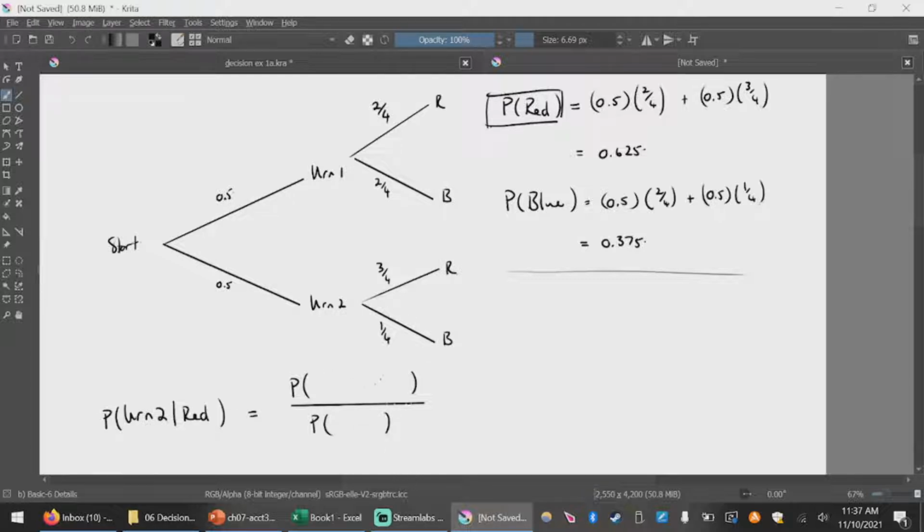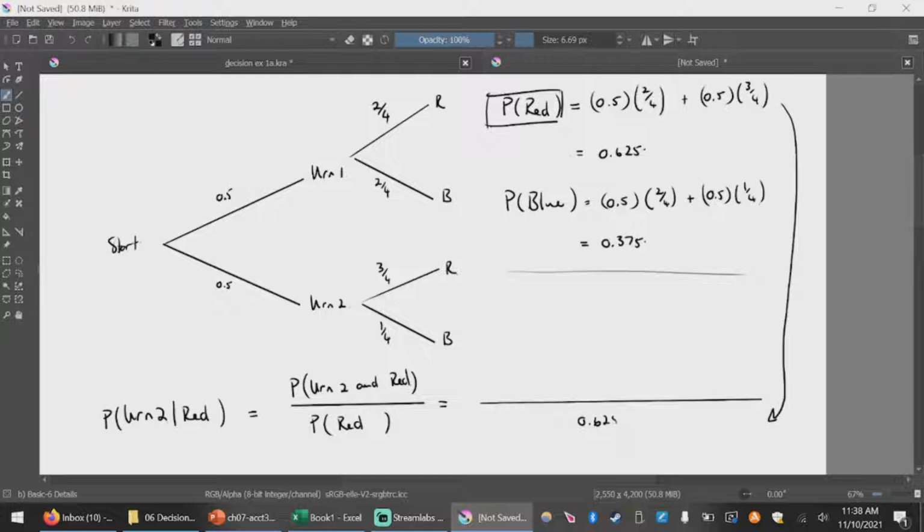Well, the top is going to be the probability of the intersection, which just means I need both requirements, urn 2 and a red ball. And the bottom probability is going to be the probability of just the given event, or the given requirement, if you will. Now, what's nice is we already have the bottom, but if you haven't done it already, then the whole thing would go in there, okay?